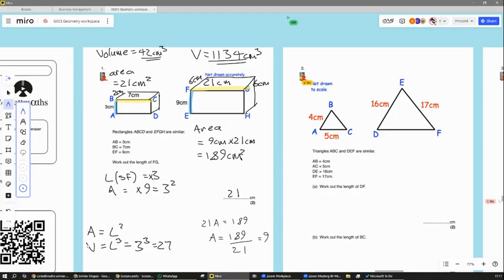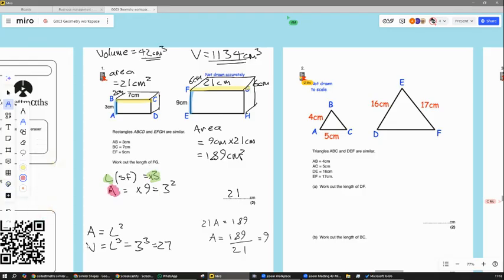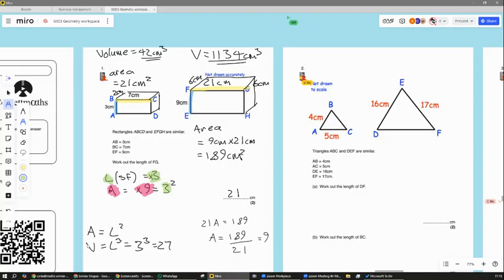So we can be confident then, let's use some color. Length can be green, so the length scale factor was times 3. We'll make area pink. The area scale factor was times 9, and that's because it was the length scale factor squared. So here's length scale factor, length scale factor, length scale factor, and there's the area scale factor.